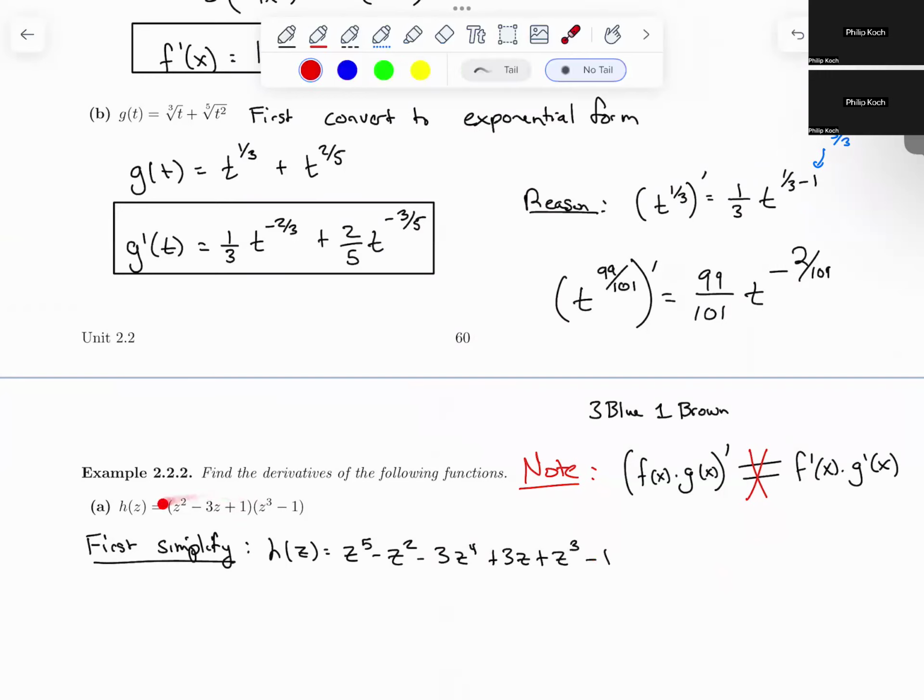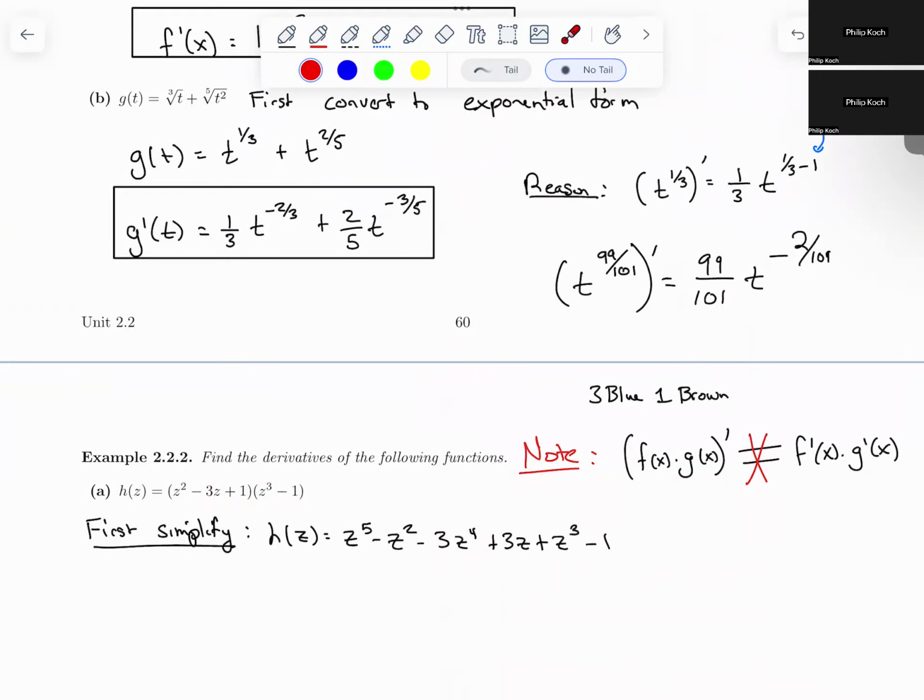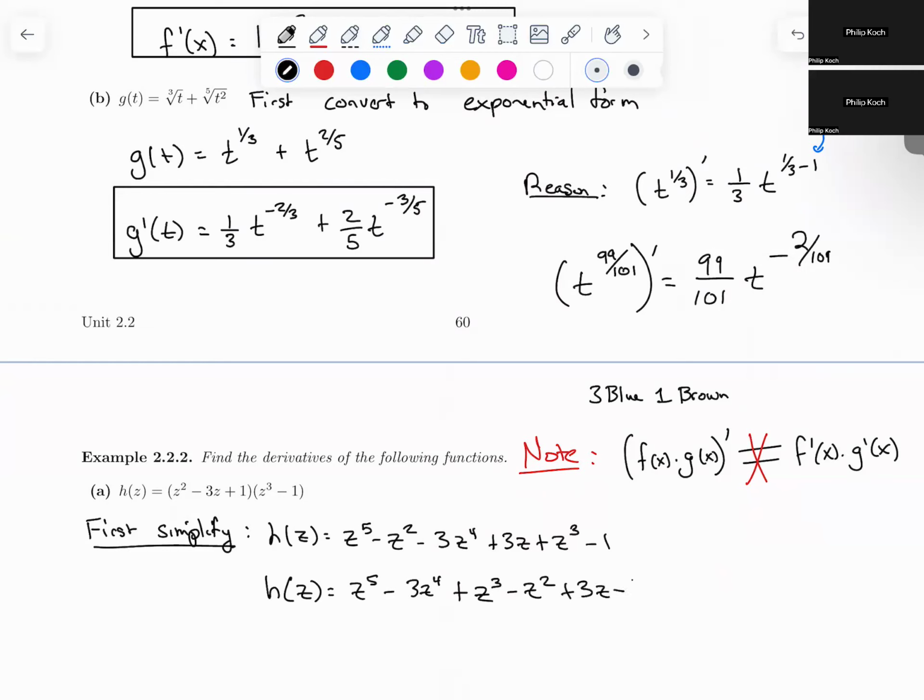Okay. And then combining like terms, h of z is equal to z to the 5th minus 3z to the 4th plus z cubed minus z squared plus 3z minus 1.